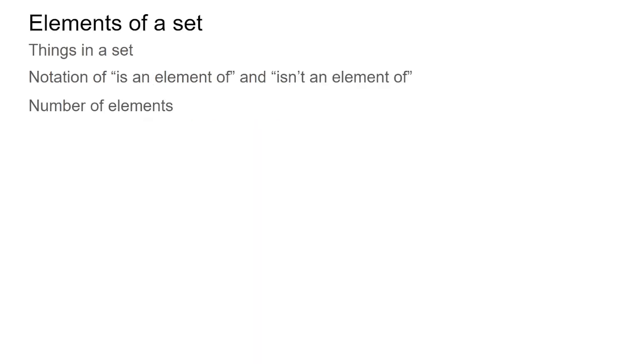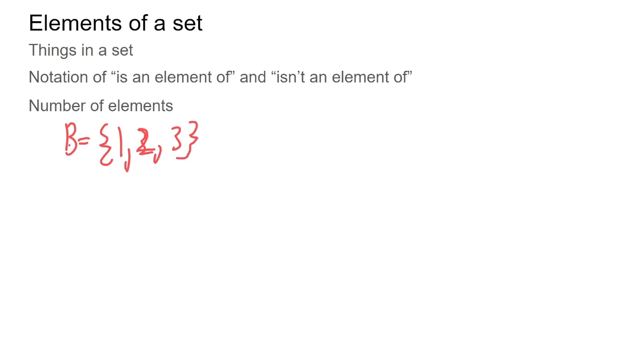Okay, elements of a set, or the things that are in a set, as I explained. We also have notation to show if something is an element of a set, or if it isn't. So let's say there's a set B, and the elements of the set are 1, 2, and 3.